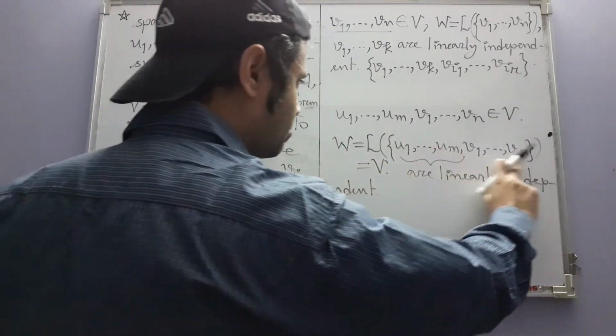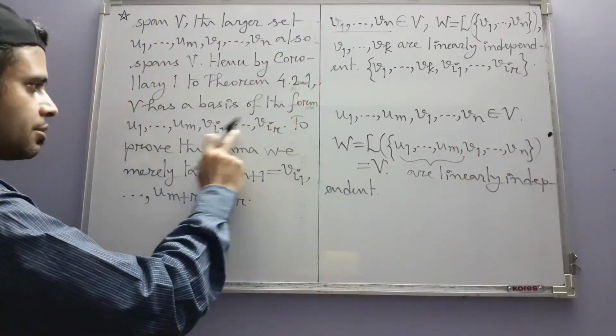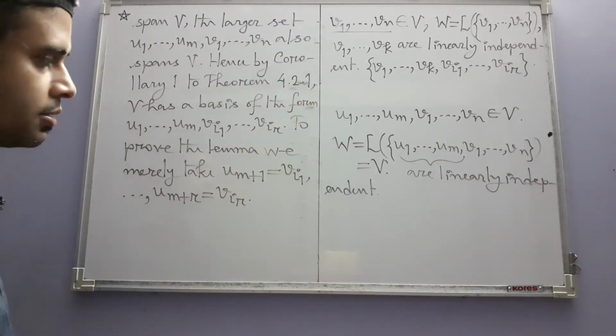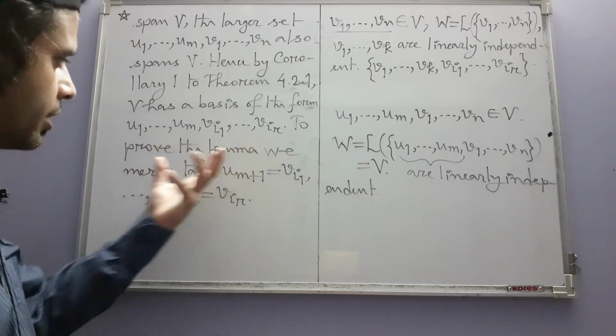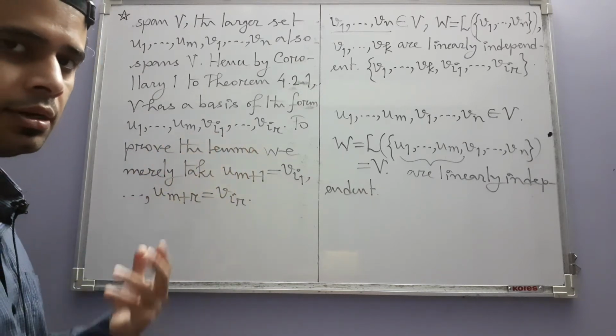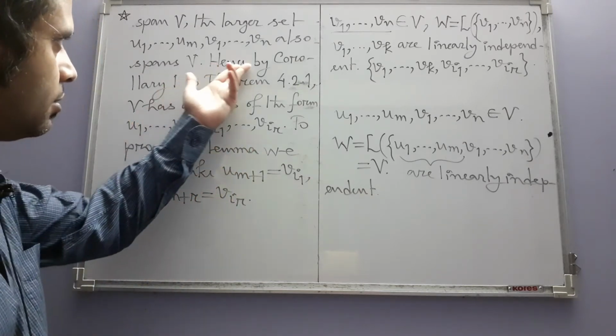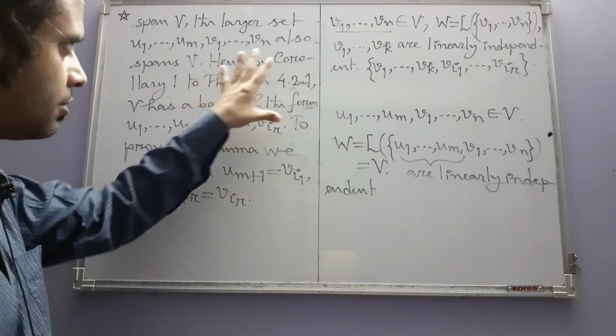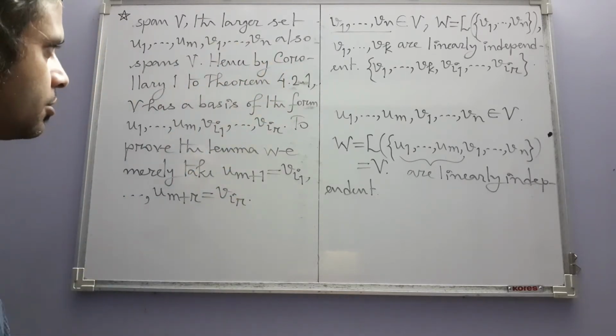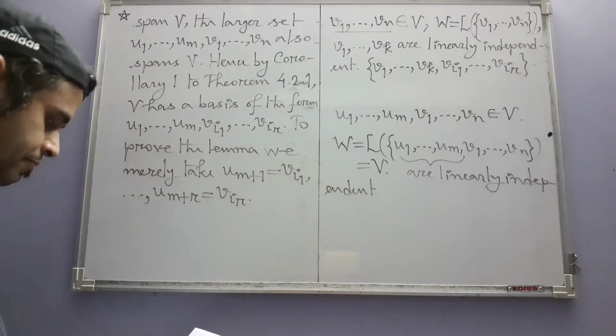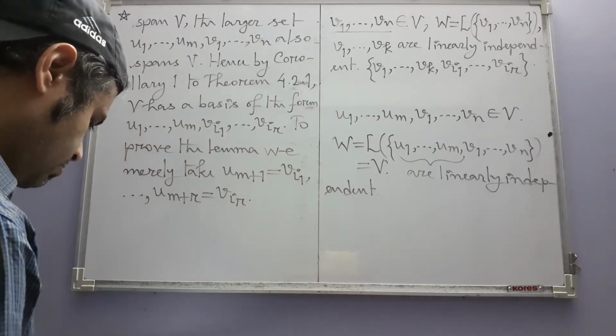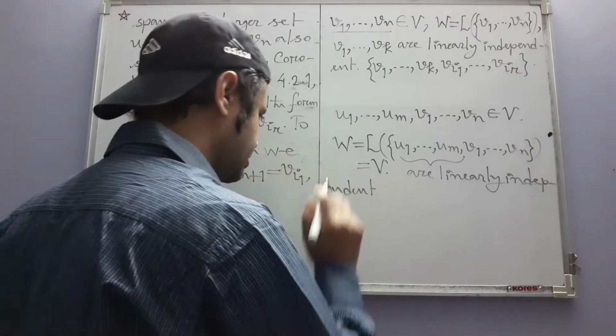So from these vi's we have taken some possible vectors if they exist. So that's how we are getting this basis, and that's exactly how we have concluded this thing from corollary 1 to this theorem. Okay, so that is the thing.